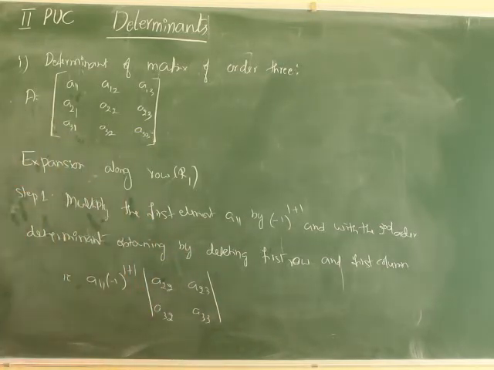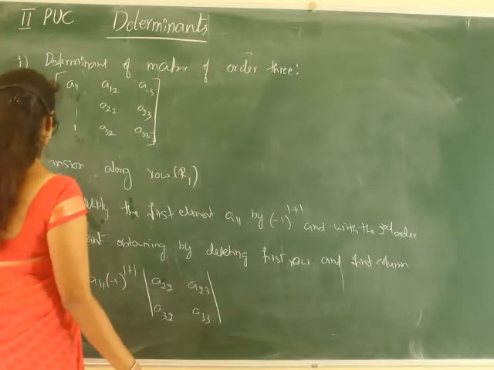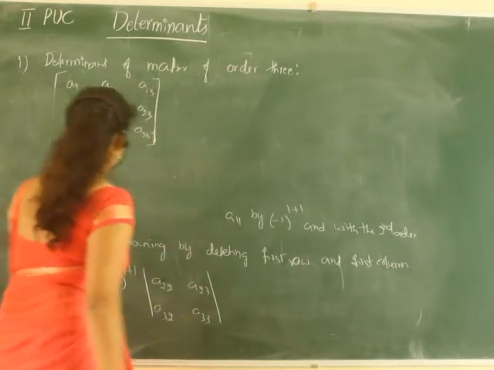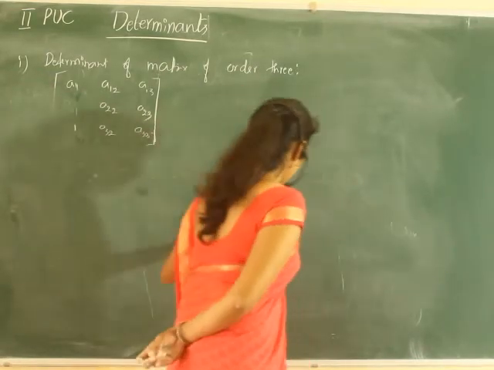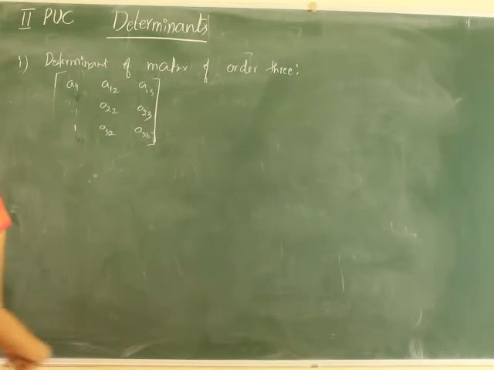So this is the first step of expanding the first row. The first step is the first element. Next step is step 2.